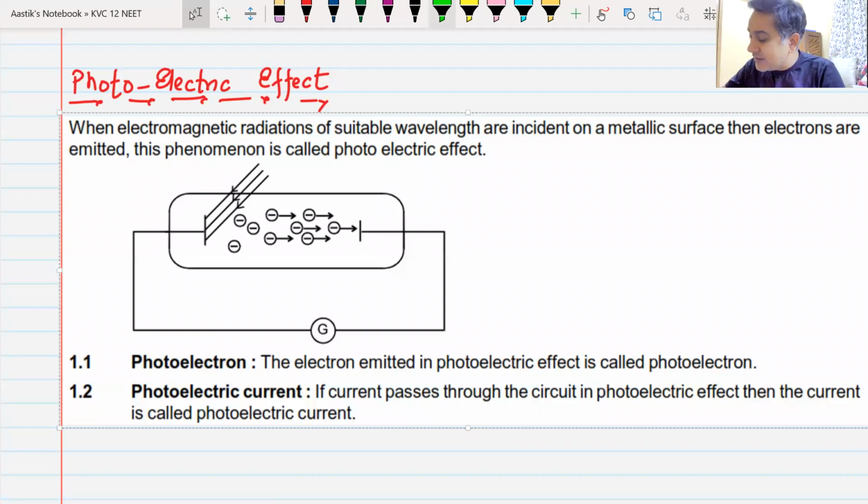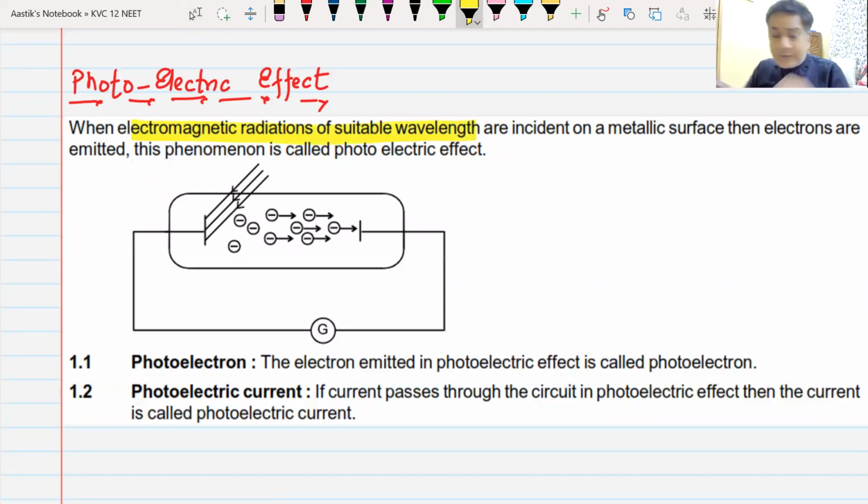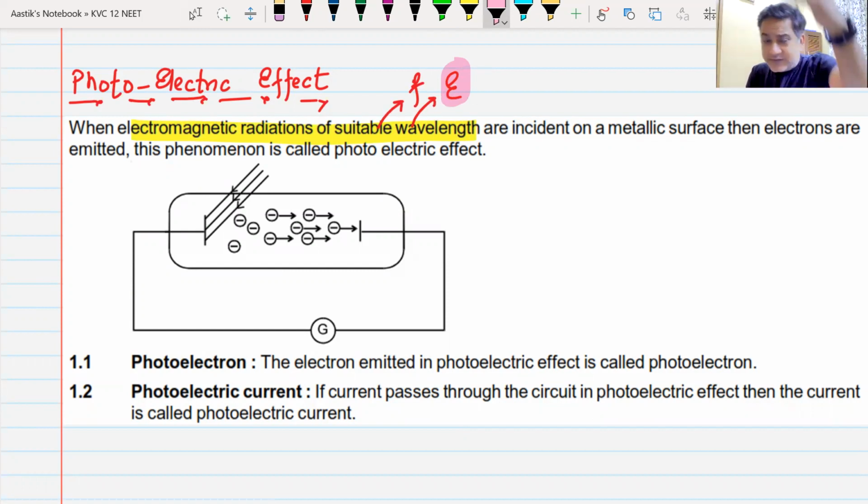When light or electromagnetic radiation of suitable wavelength falls on a metal surface... Now, what do I mean by this wavelength? Instead of wavelength, you can write sufficient frequency, or you can also write sufficient energy. Energy is the term that you are more concerned with. These photons or these radiations must have sufficient energy that they are able to liberate these electrons. If they don't have this sufficient energy, nothing will happen.